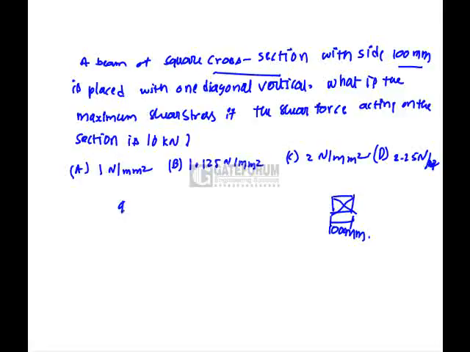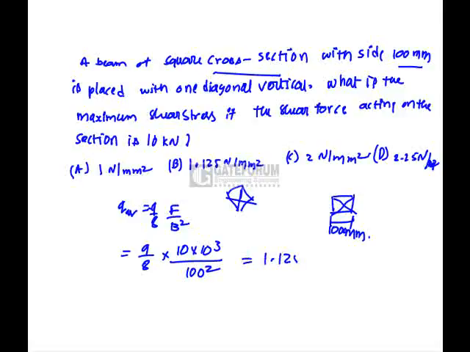So the maximum shear stress when placing one diagonal vertical is 9 by 8 into F by B square, that is equal to 9 by 8 into 10 into 10 cube divided by 100 square, that is equal to 1.125 Newton per millimeter square. So option B is correct.